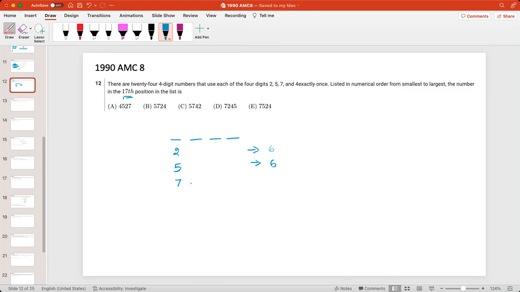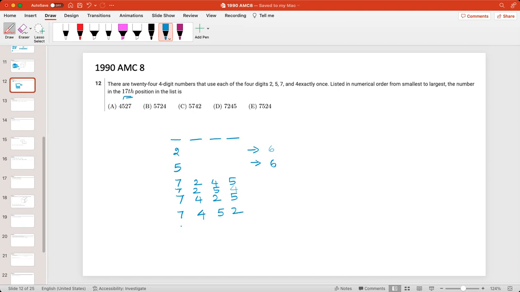The first number of 7 will be 7245, then 7254, then 7425, then 7452.